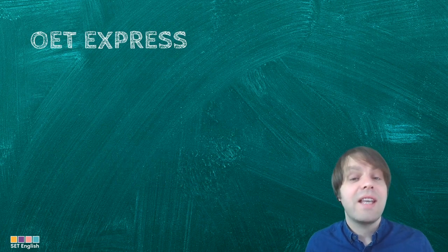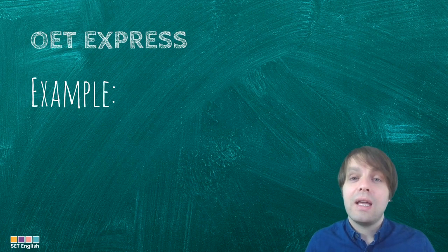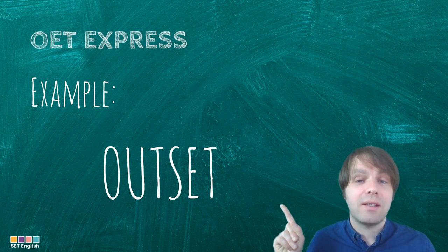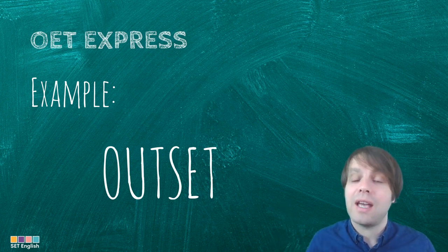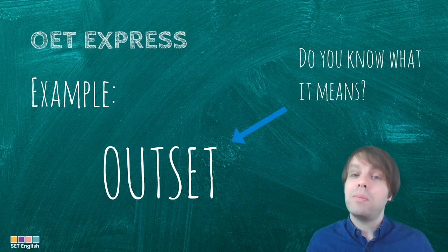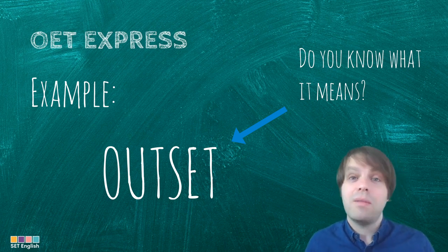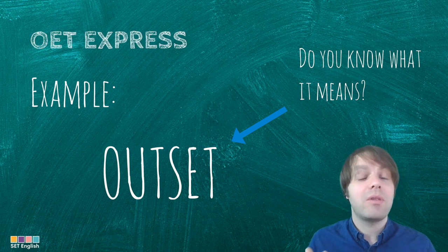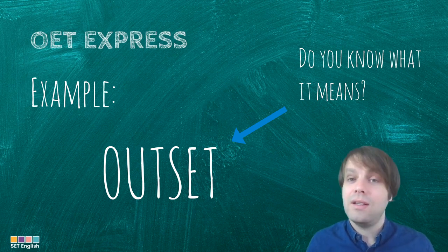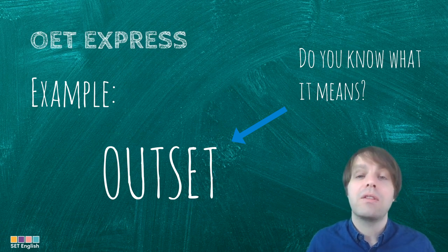For example, I once had a class where we had the word outset, as in 'at the outset'. Some people had a good idea of what that word meant, some people didn't. The people that knew what it meant were able to get the answer. The people that didn't really struggled to get the correct answer. So vocabulary is very important, and start studying that now.